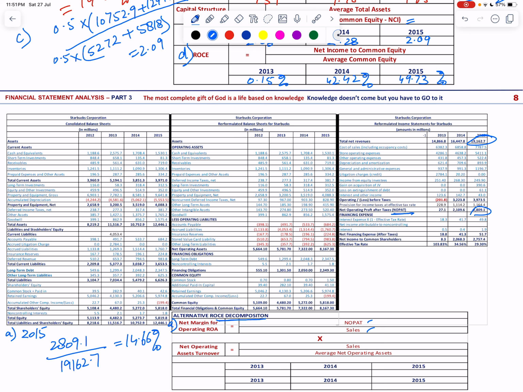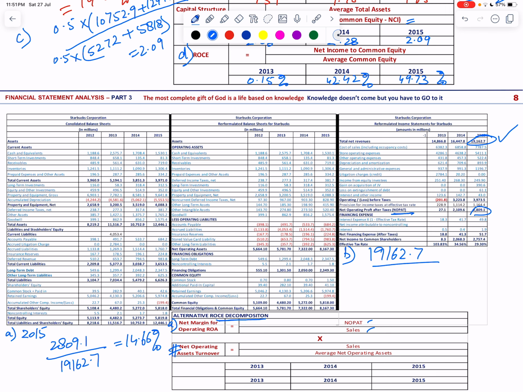Then we go for B, net operating assets turnover, and that is equal to sales. Just now we have seen that sales is 19162.7 divided by average net operating assets. Now, average net operating assets are how much?